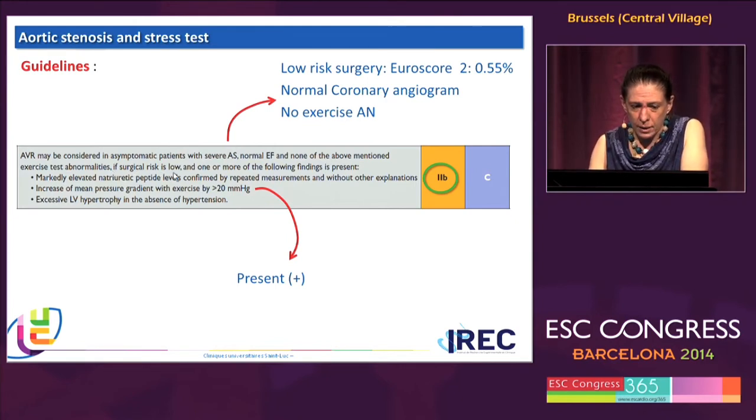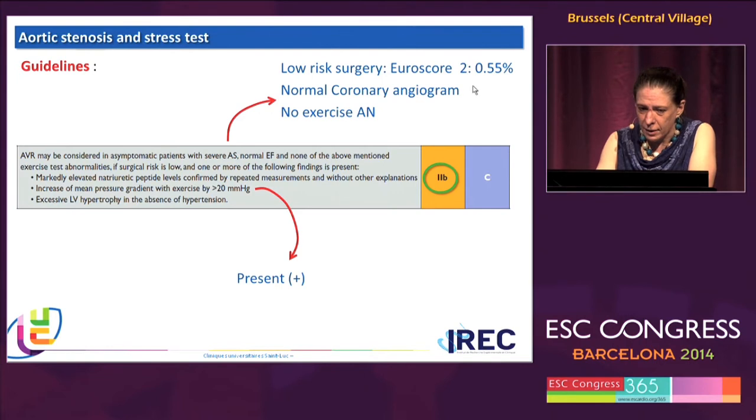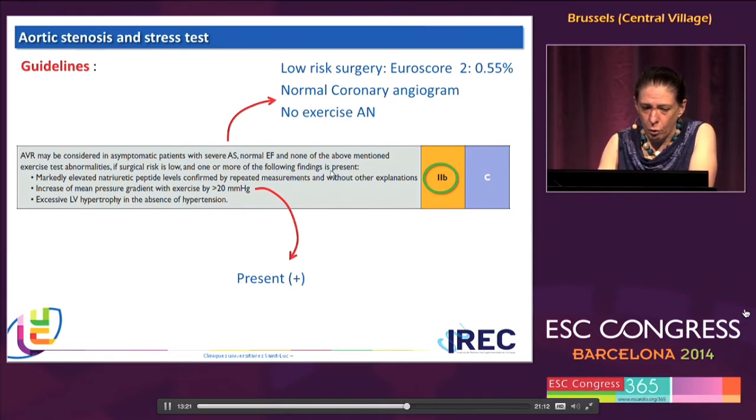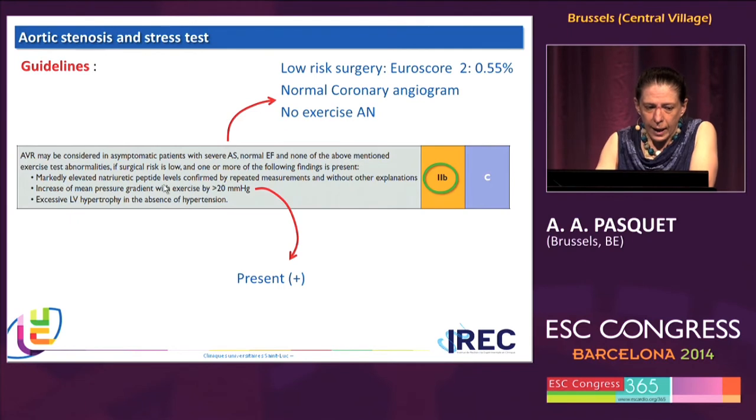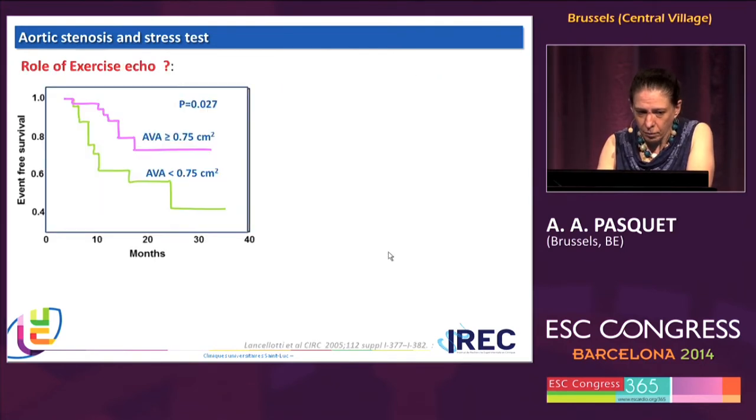If surgical risk is low, we calculated the EuroSCORE 2 of this patient, and it's at 0.55%, and a normal coronary angiogram, we don't see any exercise abnormality. And the second part, one of the following findings is present: an increase in mean pressure gradient with exercise above 20. This is present in your patient, so we can consider that it's a class 2B indication.